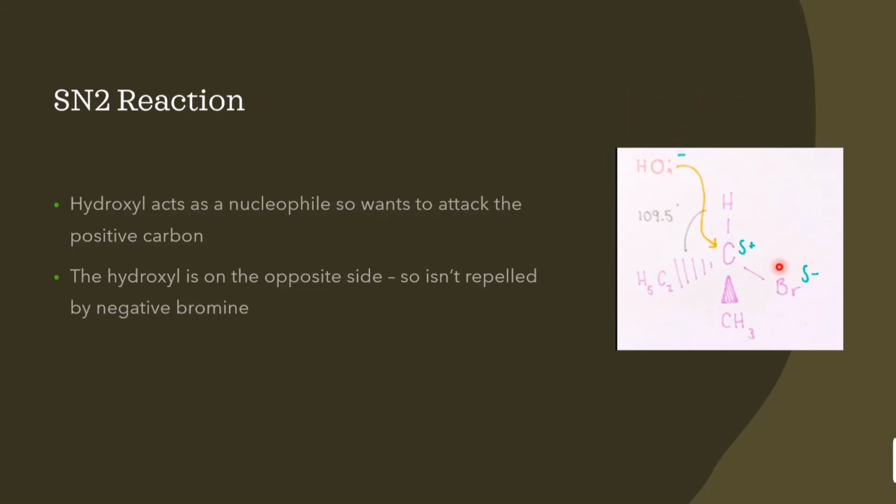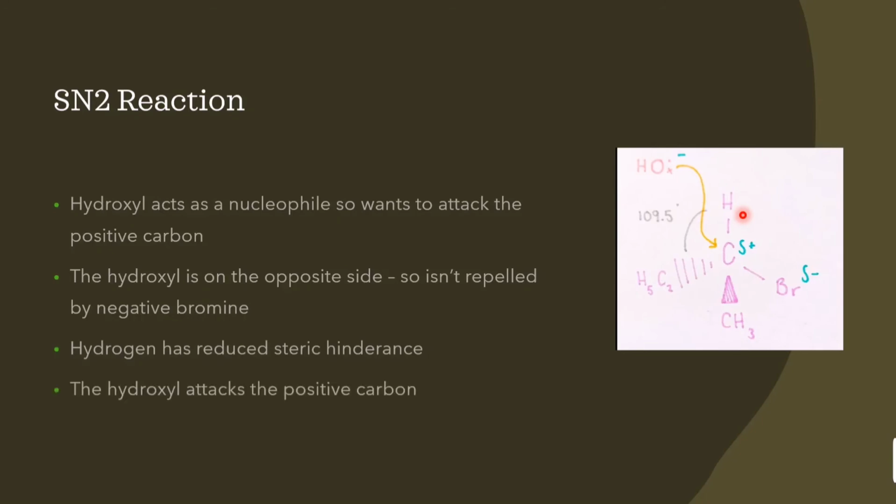Because it's on the opposite side of the molecule, this negative charge on the bromine cannot repel this negative charge on the hydroxyl. And our hydrogen, as we said, has reduced steric hindrance, so it does not block the hydroxyl from attacking the carbon.